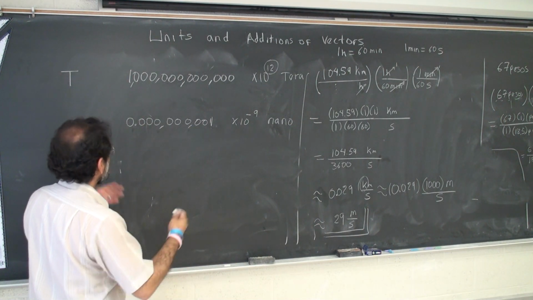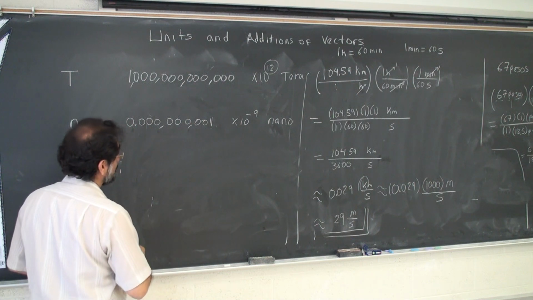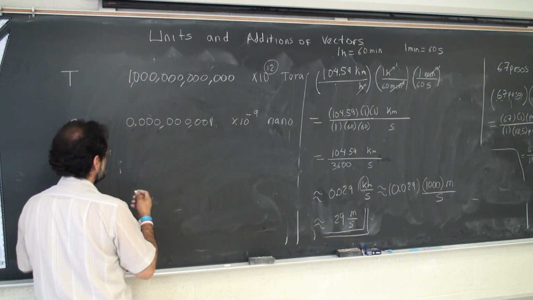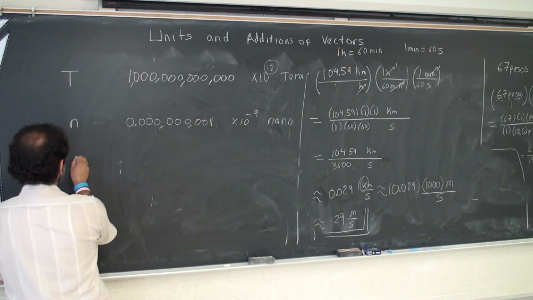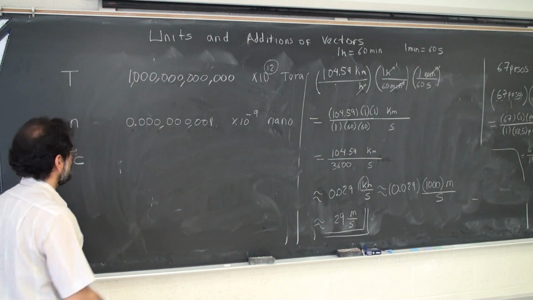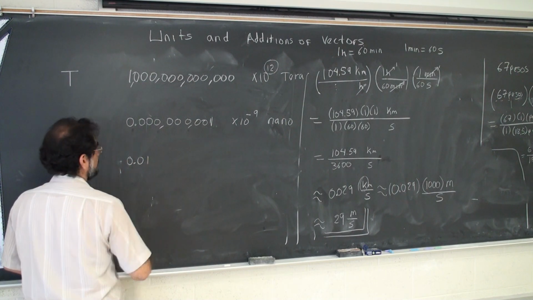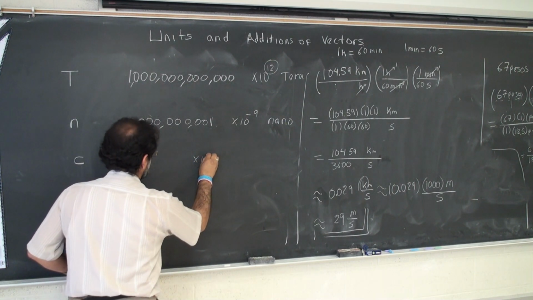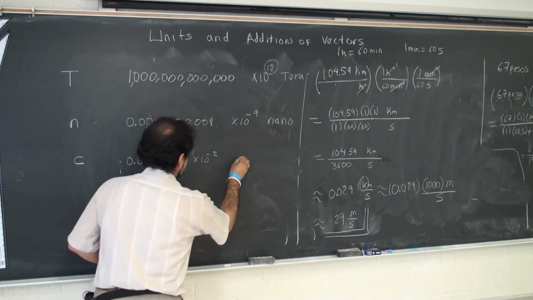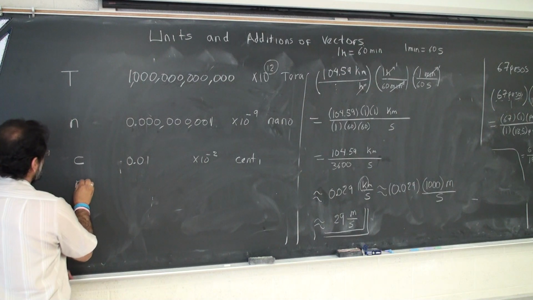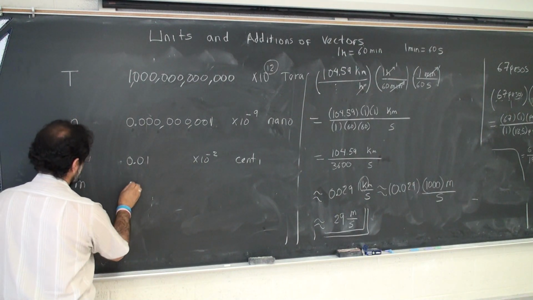Okay, and let's use another important prefix for this class that we are going to use constantly, centi. Basically, we are going to be using 10 to the minus 2 for centi, or lowercase m, milli.